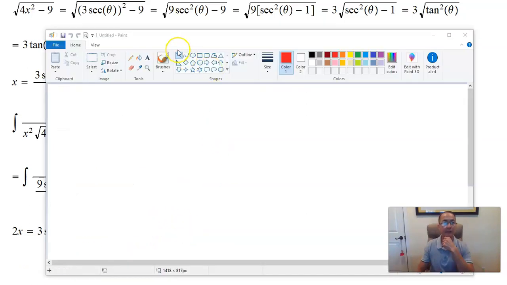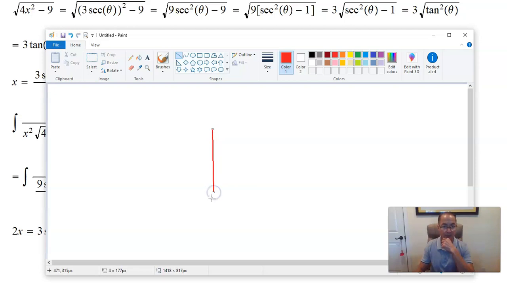All right, so here we are in Paint. We're going to draw a triangle. So we have a vertical side, and we have a horizontal side, and we have a hypotenuse. Okay, so we'll just pretend that they're all connected to each other. We said that the hypotenuse is 2x, so let's start typing.